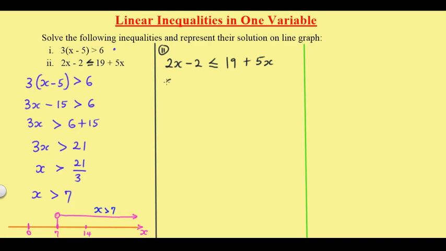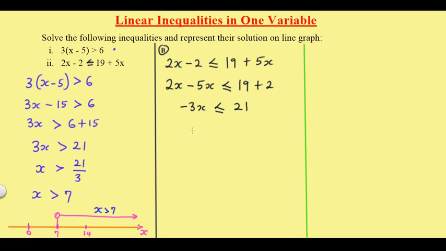It becomes 2x minus 5x less than or equals to 19 plus 2. So this gives us negative 3x less than or equals to 21. Here, we are going to divide both sides by negative 3 so that we can obtain the value for x.